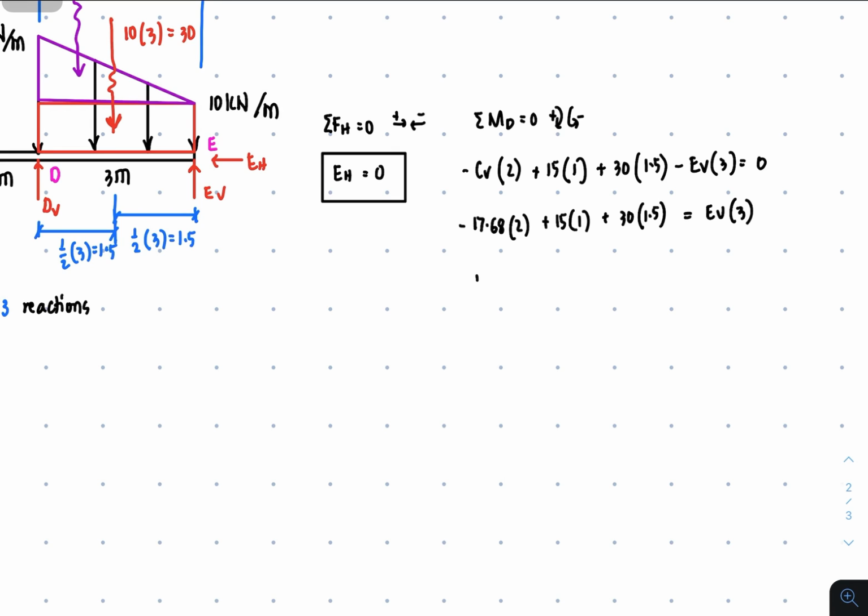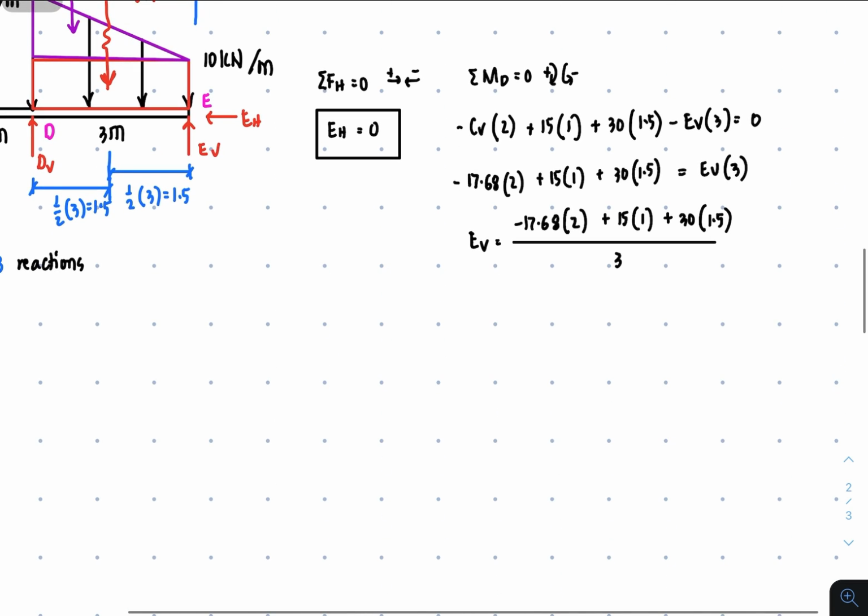Solving for EV, it's going to become negative 17.68 times 2 plus 15 times 1 plus 30 times 1.5, divided by 3. So we now have EV.